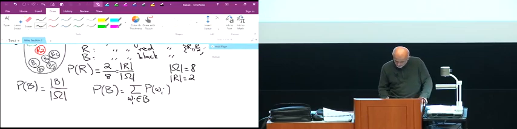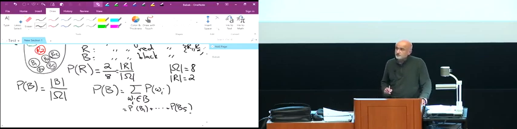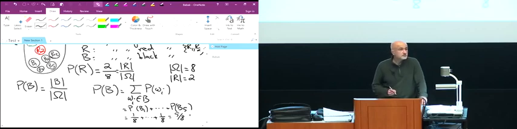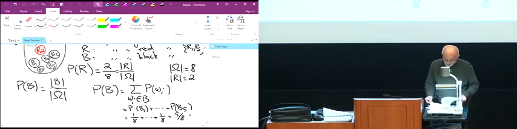In this case, it would be the probability of B1, the probability of B2, and so on, to P5. And each of these, of course, is 1/8, and I'm adding 5 of them. And that's 5/8. That's the probability that I'll draw a black. So that's the uniform probability law.